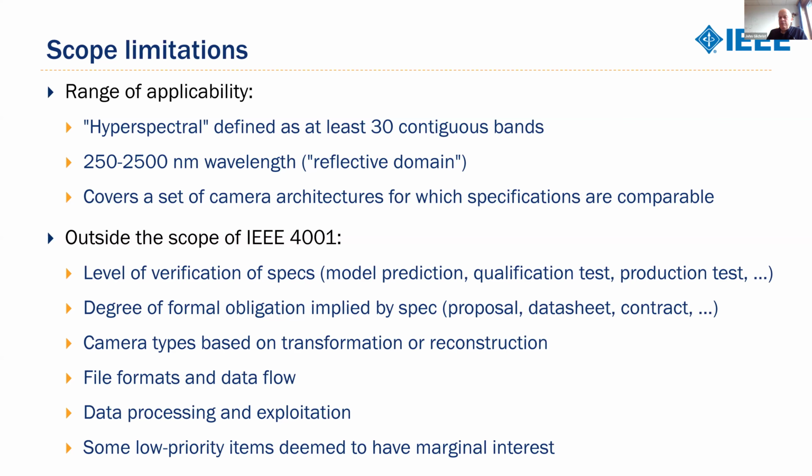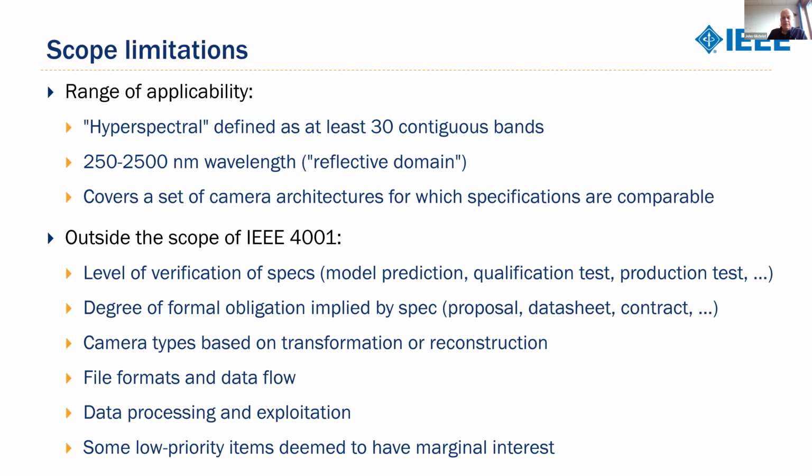We define a set of different camera types, including those that are most commonly used, as being covered by the standard, and other types of cameras are not covered, and that is particularly those based on transform or reconstruction of the spectral cube.